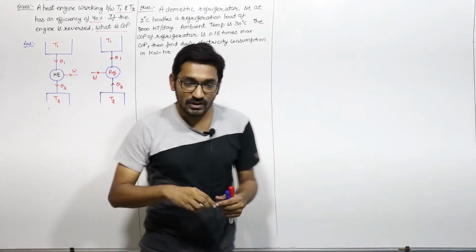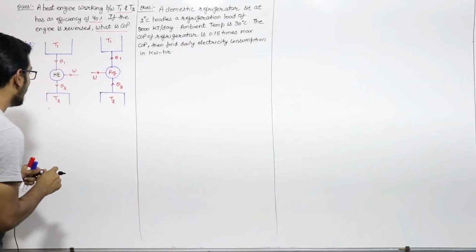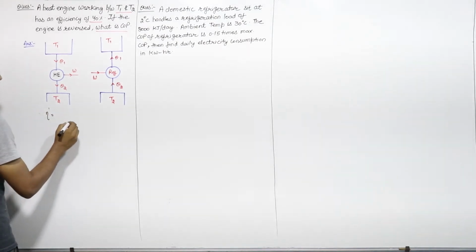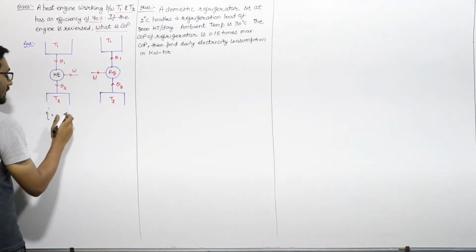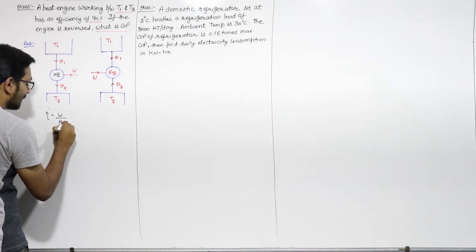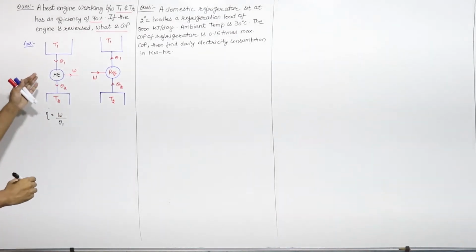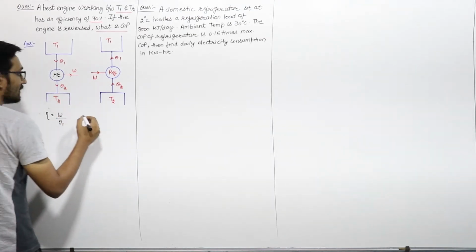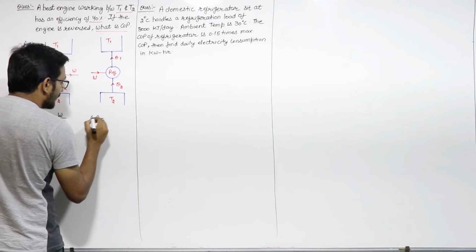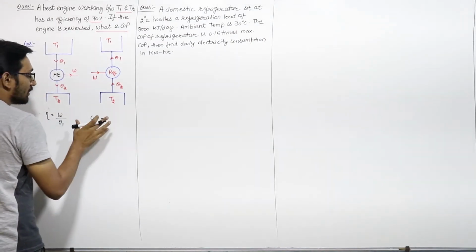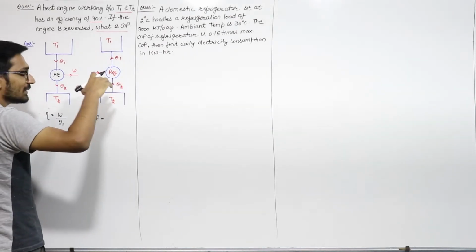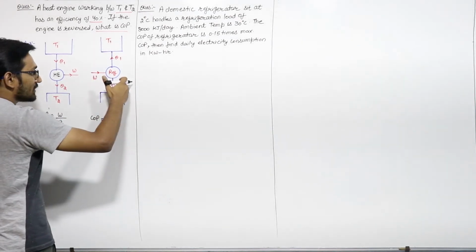The efficiency of this heat engine is the work produced by this heat engine divided by the heat supplied. If I write the COP of this refrigerator, then for a refrigerator the desired effect is this Q2.